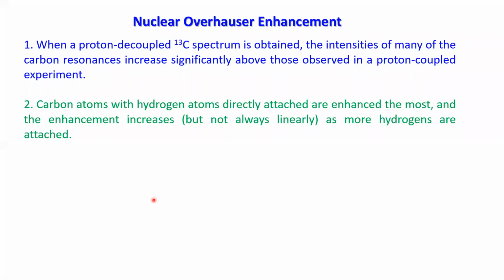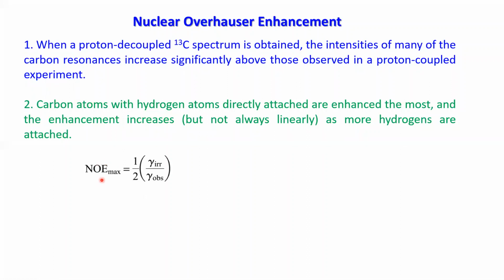Carbon atoms with hydrogen atoms directly attached are enhanced most. So if the carbon atom is attached to hydrogen, the peak height will be greater, and that is given by the equation.